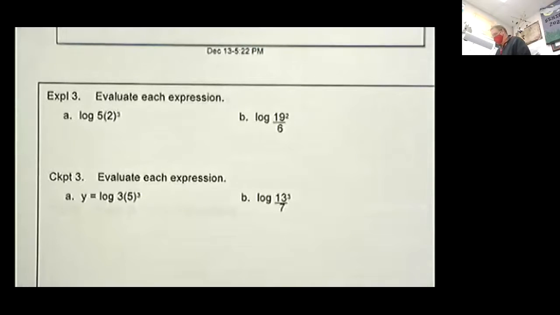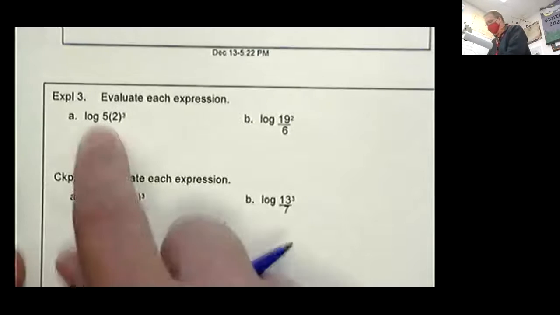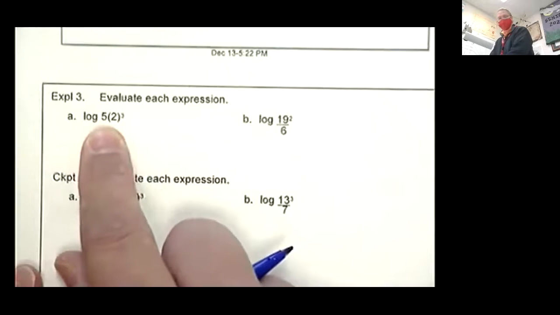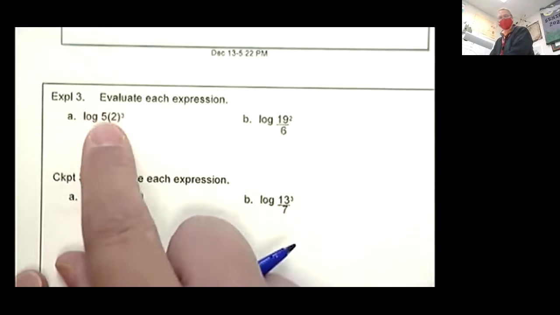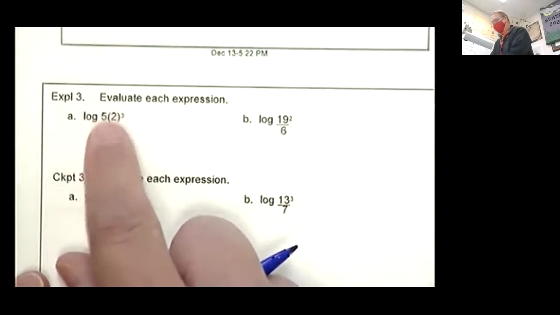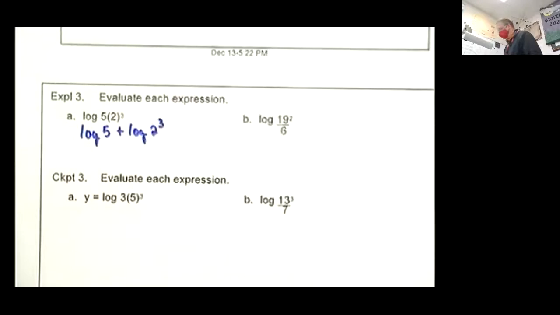Example 3, evaluate each expression. So this is log of 5 plus log of 2 to the third. Because this is multiplication, we're going to use again the properties from our last lesson. If we're multiplying the arguments, then we're adding the logarithms. So this is log of 5 plus log of 2 to the third power.